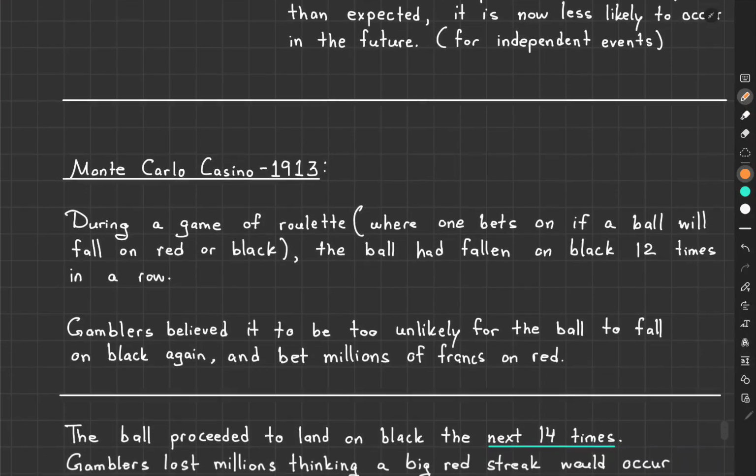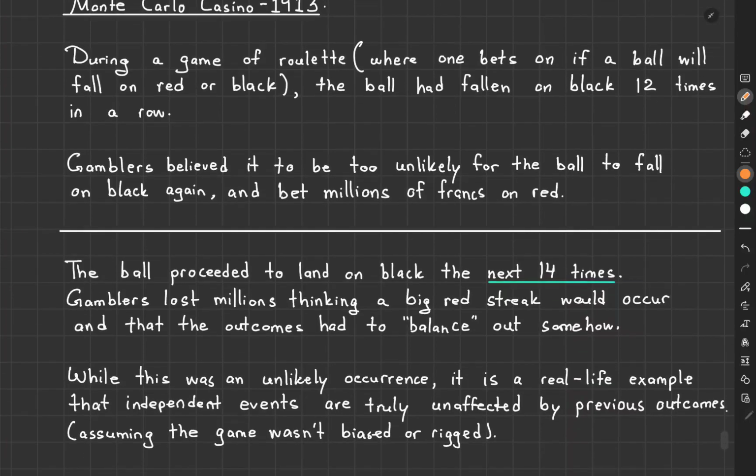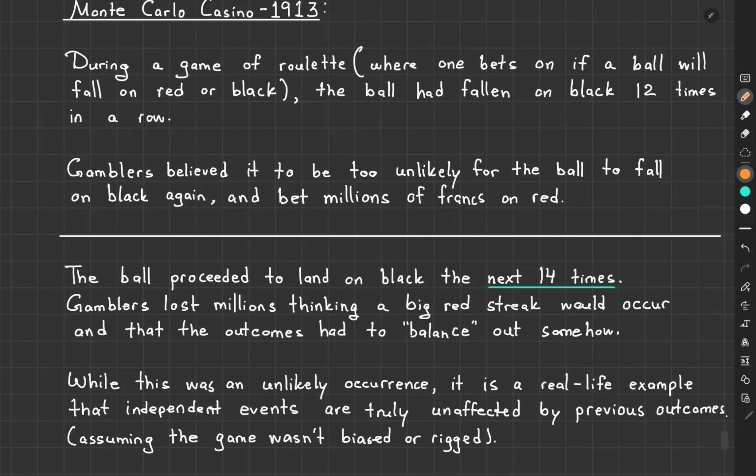Well, it turned out the ball proceeded to land on black 14 more times. They lost millions thinking that some sort of big red streak was going to occur, or that the outcomes had to balance out somehow. It didn't work out that way. While this is an extremely unlikely occurrence, it is a real-life example that independent events are completely unaffected by previous outcomes, assuming that this game wasn't biased or rigged.